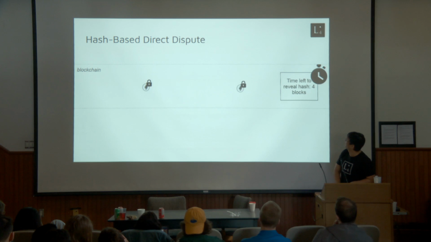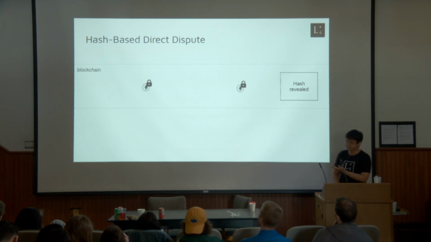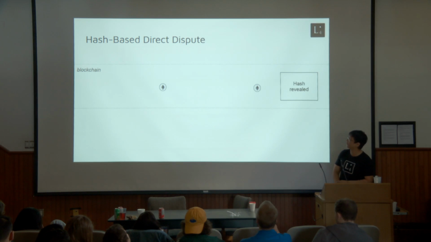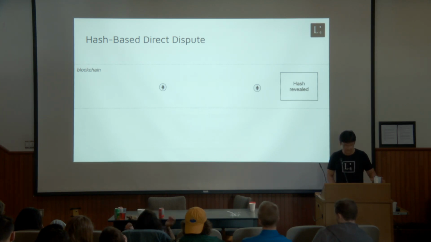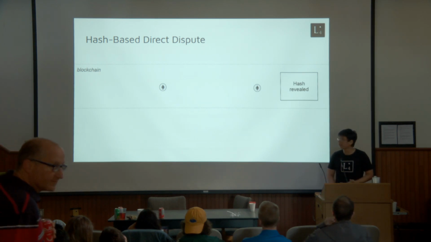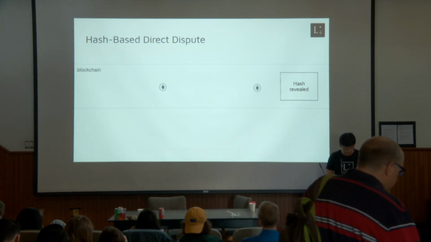It's getting closer and closer. Now the hash is revealed. The smart contract says that if the hash is revealed before this deadline, the coins go to the right. Otherwise, they go back to the left. That's hash-based direct disputes, and the project that most directly implements this is called Sprites.